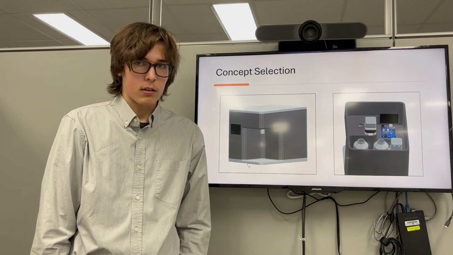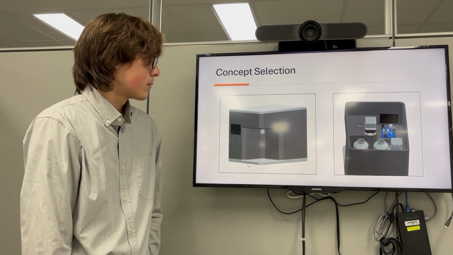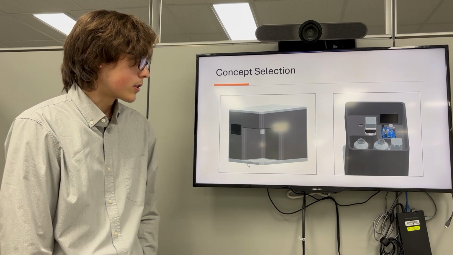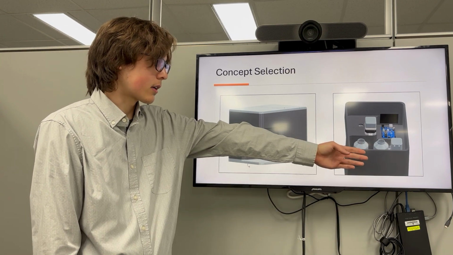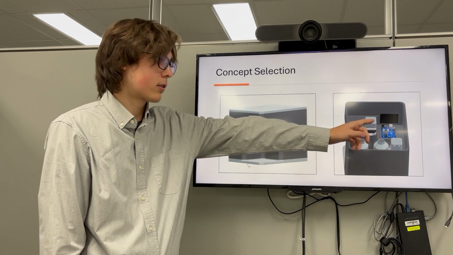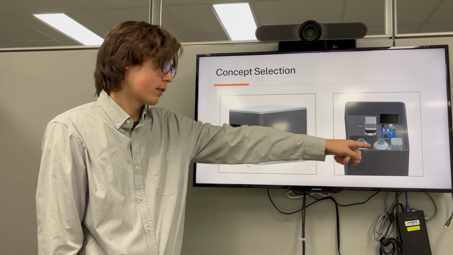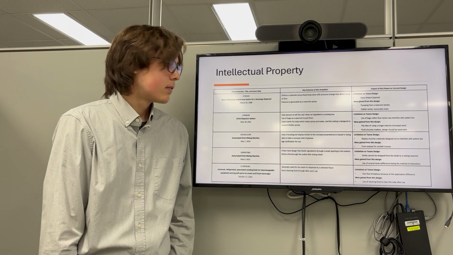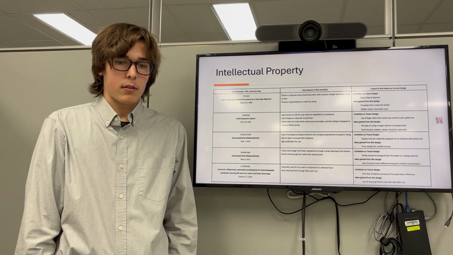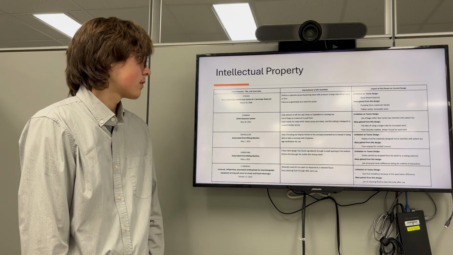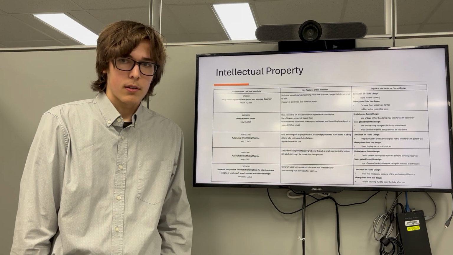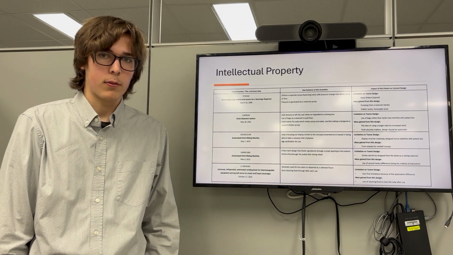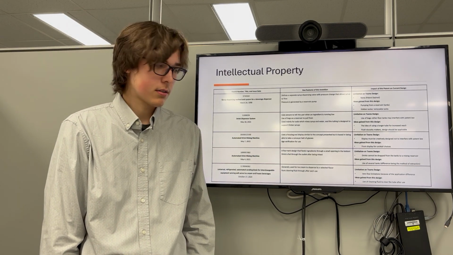From that, we created a CAD model, which looks like this. There are 4 tanks in here: selector, the pump, Arduino, and the outlet. We found a bunch of patents for products that overlap with ours.